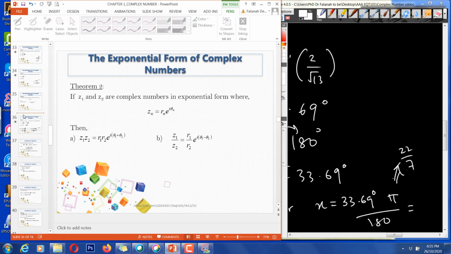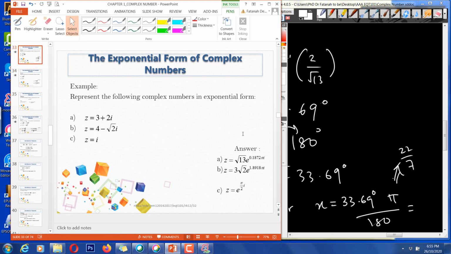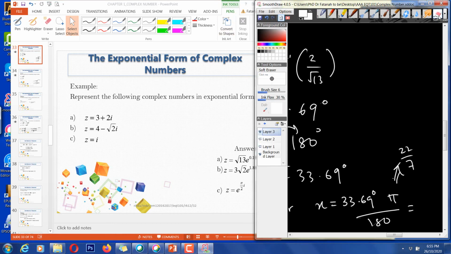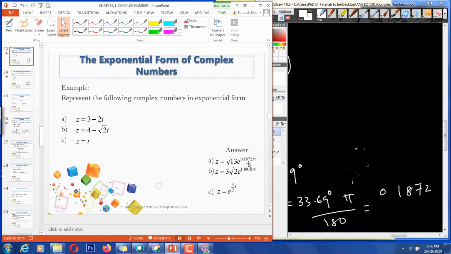We can leave it in pi terms, which is nicer. So the answer we will get is 0.1872, right? Then we just put it in the polar form.